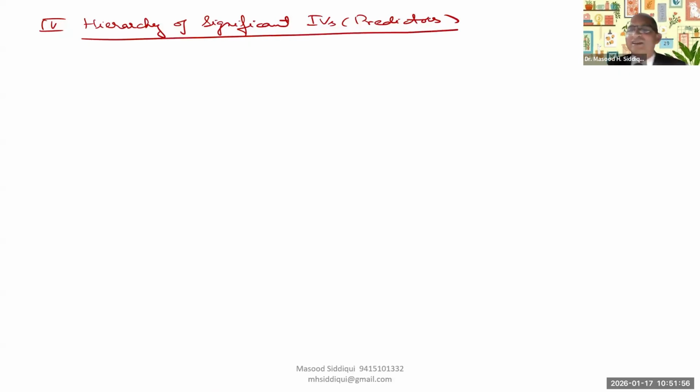It is the hierarchy of significant independent variables or significant predictors. Obviously, we will be considering only the significant ones because they are actually the contributing ones. So as per the discussion, we got three significant predictors.